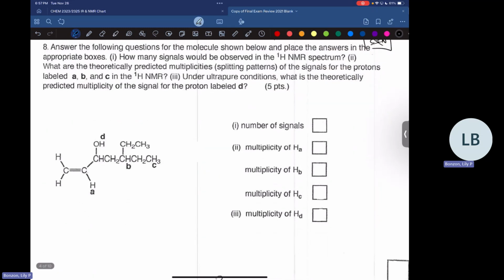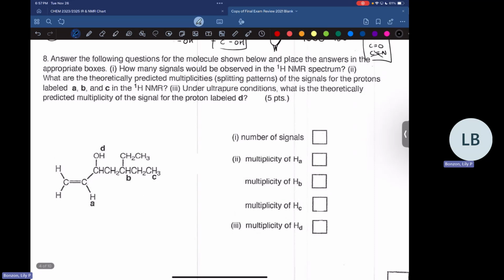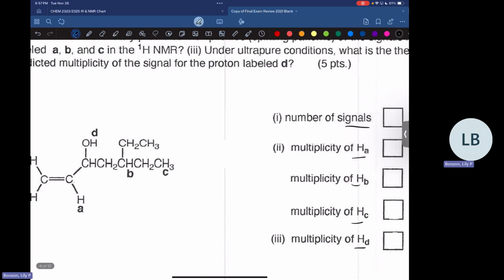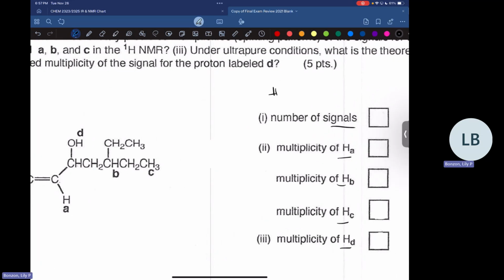Number 8, I also suggest doing a lot of practice with these kinds of questions. So in this question, we're asked to find the number of signals in the proton NMR of this compound. So the number of signals is basically just going to be the number of different hydrogen peaks that we have.